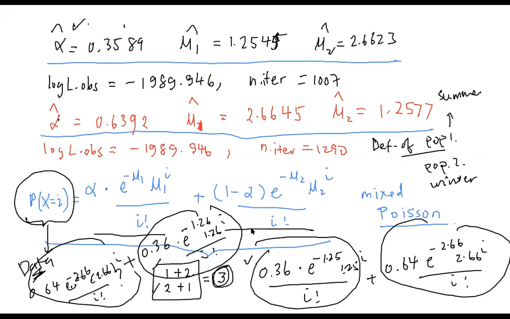If you define population 1 as deaths in summer and population 2 as deaths in winter, then which parameter estimate should you use, the first set or the second set?